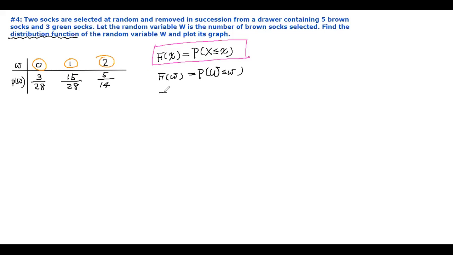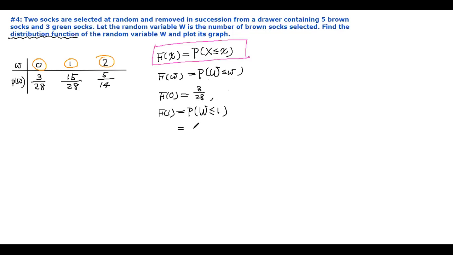Okay, so now let's take a look. If I have F of 0, what does that mean? That means I add all the way to 0, so it is 3/28. Now F of 1, based on my definition, is the probability that W is less than or equal to 1.